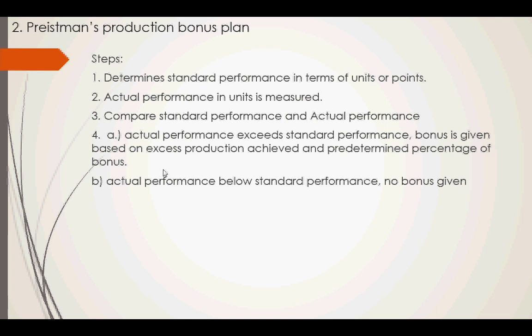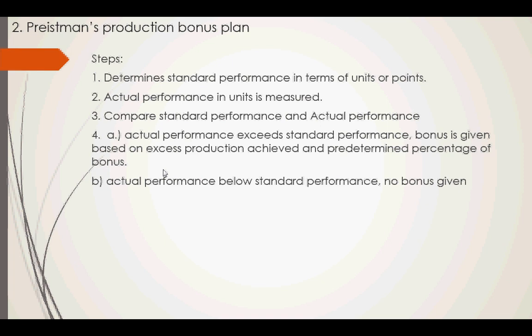Fourth step, if actual performance exceeds the standard performance, the bonus is based on excess production achieved and a predetermined percentage of bonus. If actual performance is below the standard performance, no bonus is given. So it is very simple to calculate the bonus for the group in the Priestman's production bonus plan.